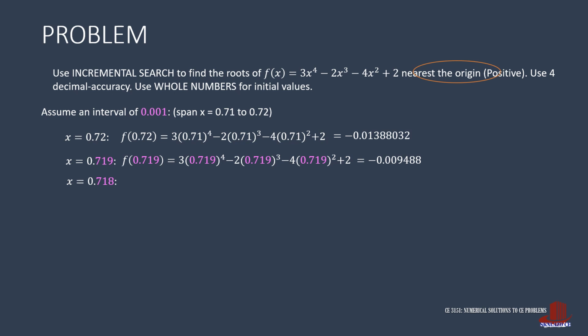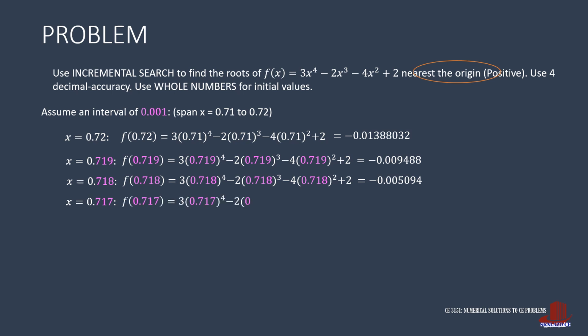Take the next with x of 0.718, giving negative 0.005094. Take the next increment of 0.717.